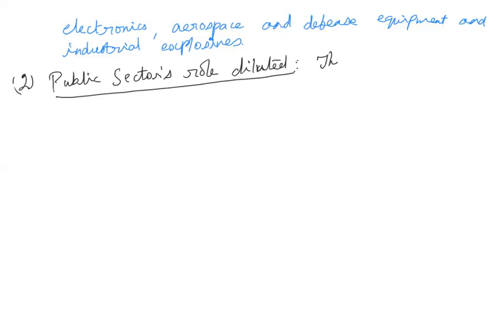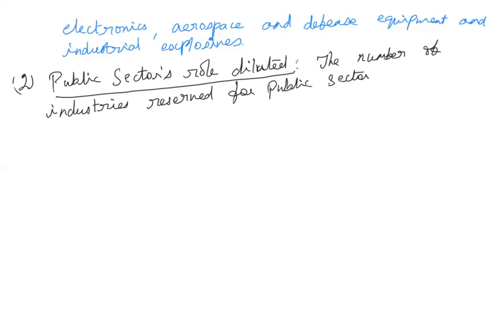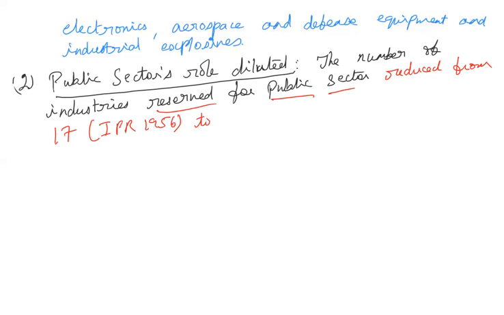So the number of industries reserved for the public sector reduced from 17, it was 17 through IPR 1956, isn't it, to only 3. Okay. So 3 industries are now reserved for the public sector.